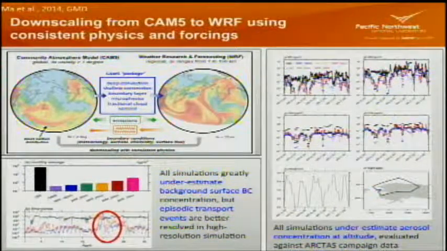This way we introduce a dynamical downscaling framework, and we can increase the resolution in WRF and run in a relatively short period of time, but with more frequent instantaneous data output, and directly compare with field campaign measurements and so forth. The only thing different will then be the resolution between the two models.